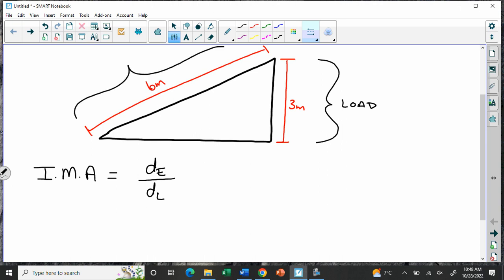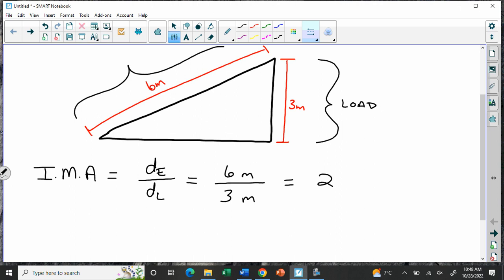We're pushing more or less all the way up the ramp. And so what you have here is an effort distance of 6 meters because we're pushing up the ramp. But the actual load when we're finished is only going to end up 3 meters higher from its original position. So we have 6 over 3, which is 2. So this is fairly straightforward.